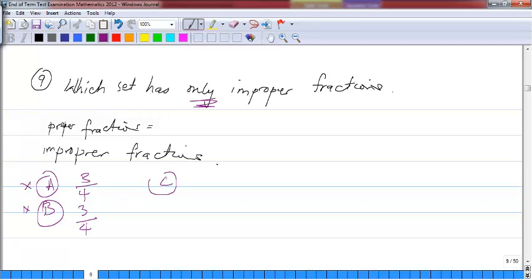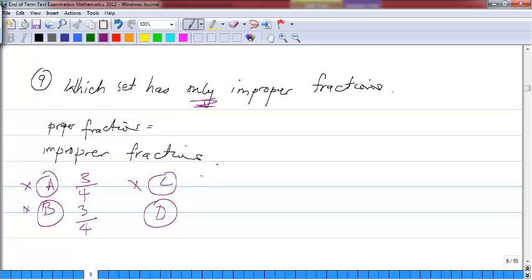Let's look at C. C has 2/3 proper and 3/2 as improper, 3/4 proper, and 3/5 proper. So it's not C. So C is also out of it, right? They have fractions in there that are proper, and we want only the improper.